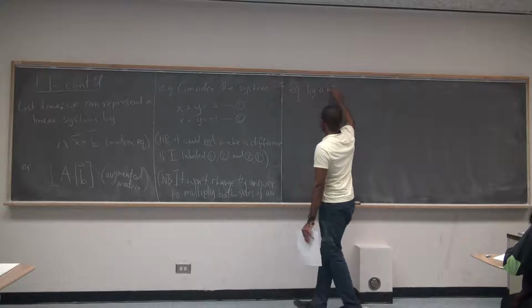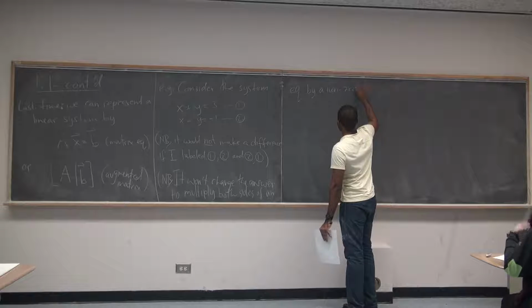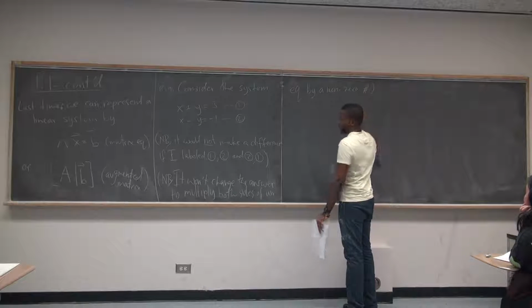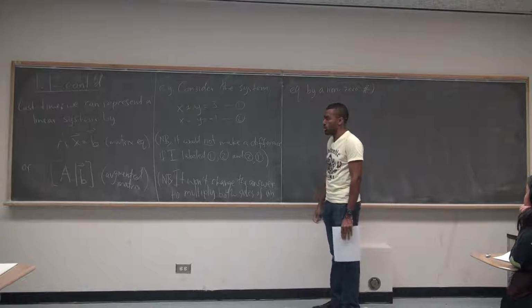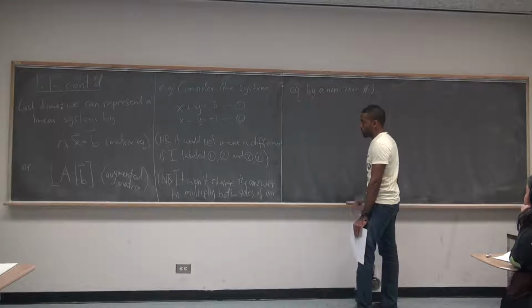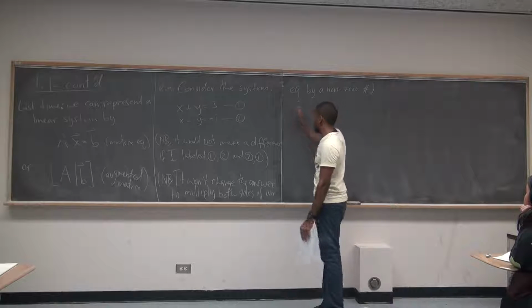I can multiply both sides of an equation by any number I want that's not zero, and it's not going to change the solutions. We'll bring that back. But let's actually try to solve this.